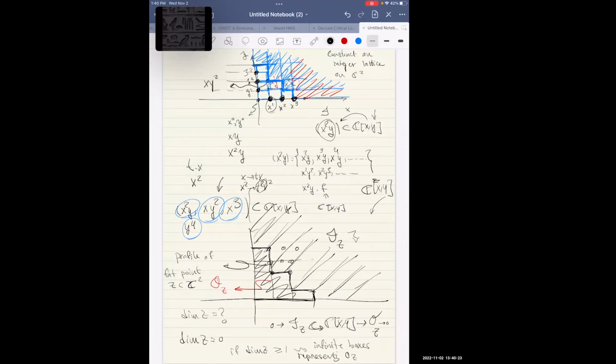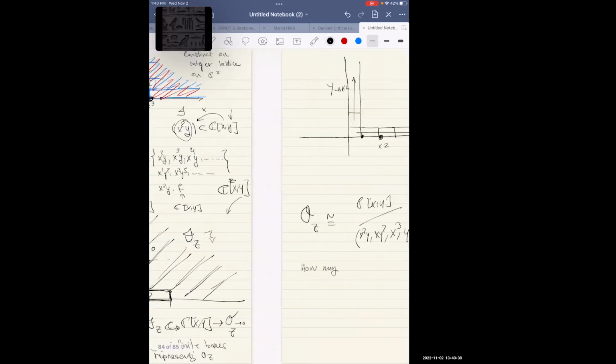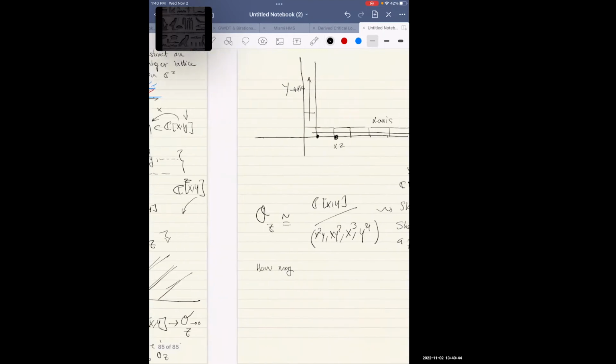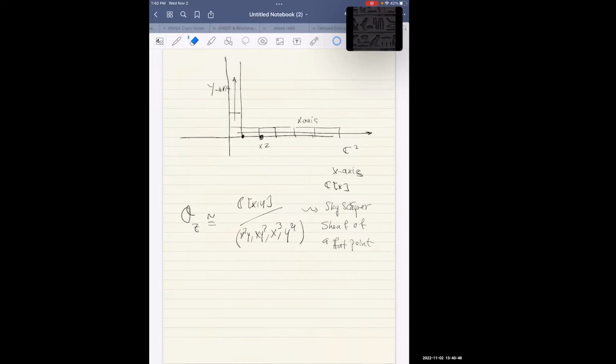Okay, so this is nice because, as you can see, if I asked you how many, for instance... and by the way, in the previous example, let me write it down.